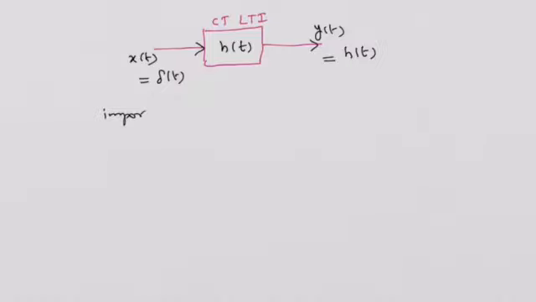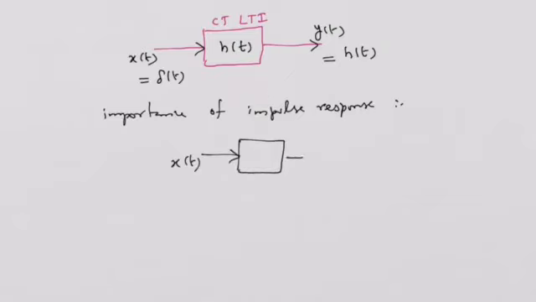The significance of impulse response is that when a system takes any arbitrary input x of t, if you want to determine the output y of t, it can be computed using the convolution of input with impulse response.